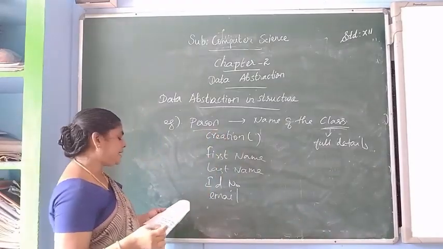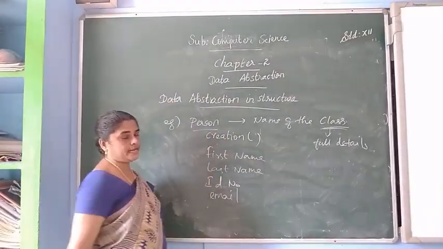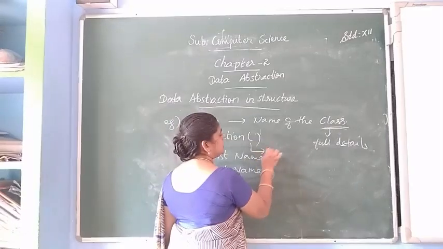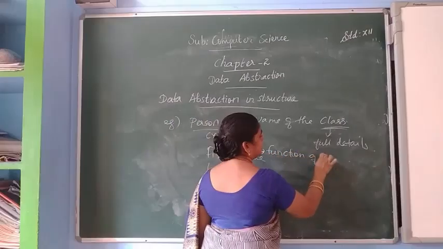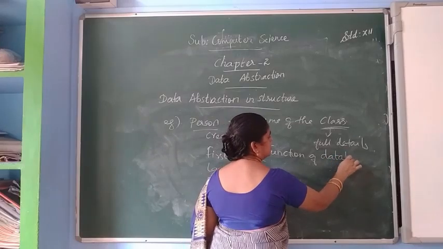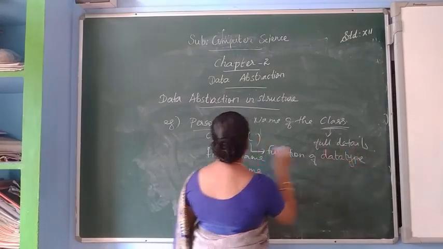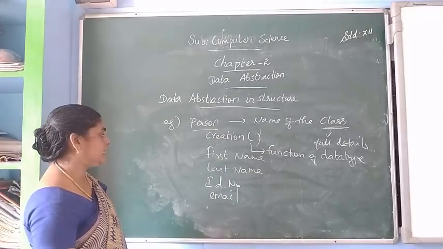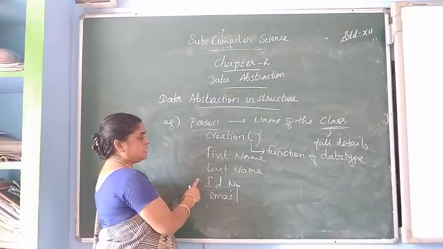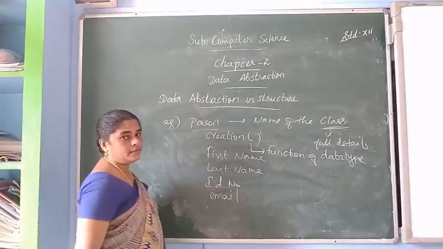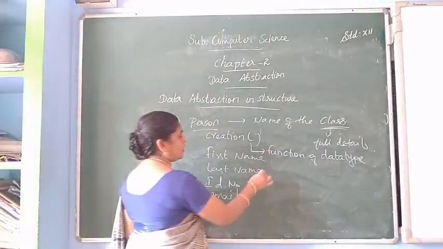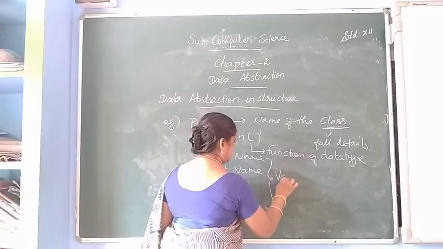The next one, creation. Creation is the function of the data type. Next is first name, last name, ID number, email. There are 4 variables given. These 4 are known as variables.